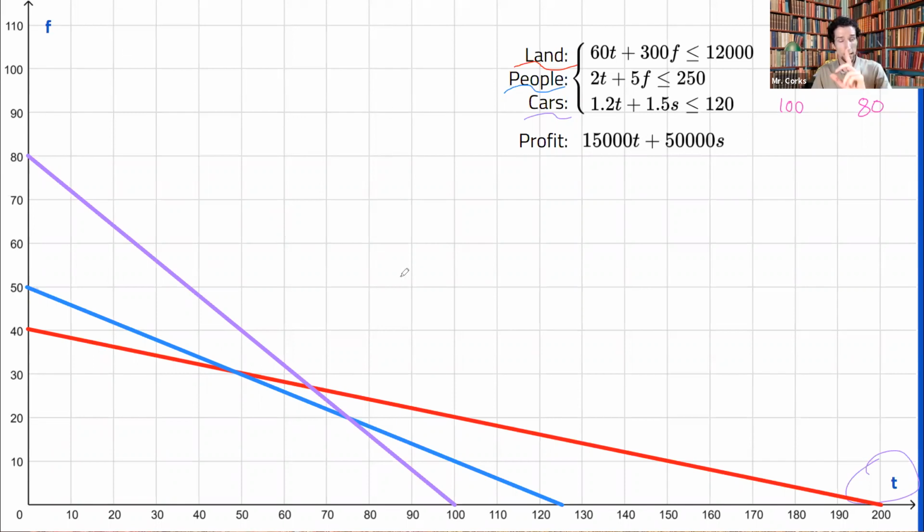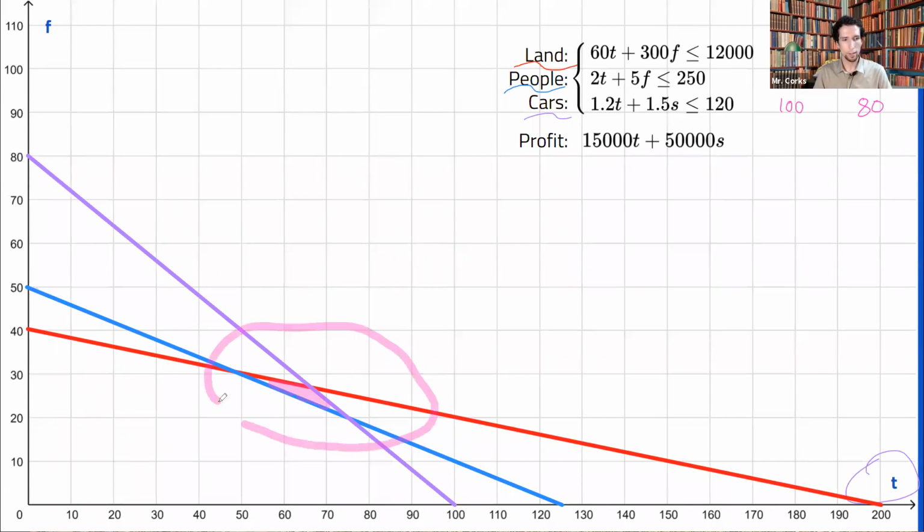Just a quick side note, that's not always the case. We could very much have a linear programming question with a maximal constraint and a minimal constraint, like this must be less than or equal to this, but this other thing must be greater than or equal to that some other thing.